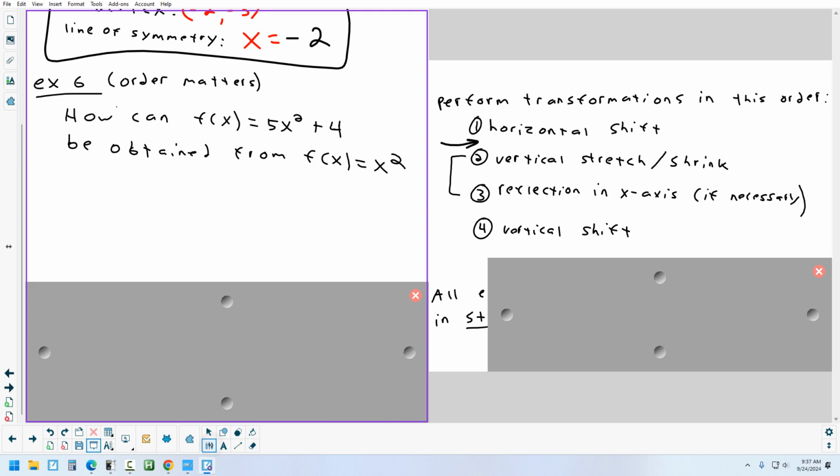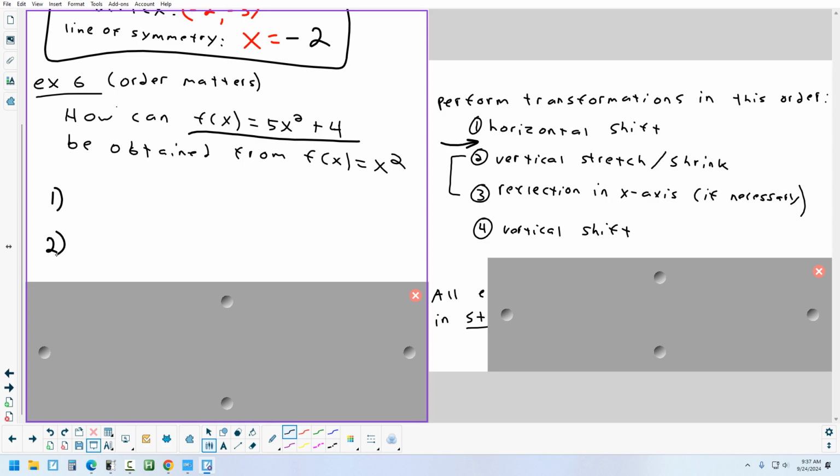All right, so first thing, let's just look at f of x, right there. How many transformations are in that problem? 2. Just 2. So we're going to start with number 1. If we don't have it, we skip it. Go to the next one.